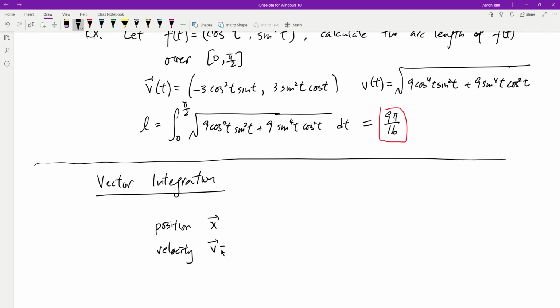And then we can define the velocity v, which is equal to the derivative of x. And then we can define acceleration, which is equal to vector v prime or vector x double prime. So therefore, I can go from here to here through the process of differentiation. If I'm given the position function, I can use that to find the velocity and acceleration.